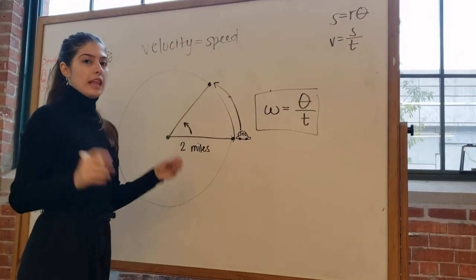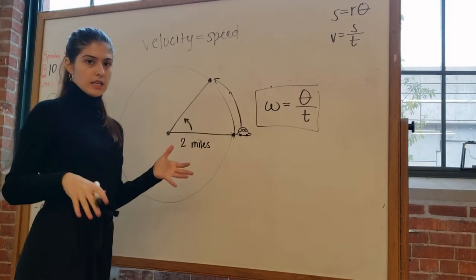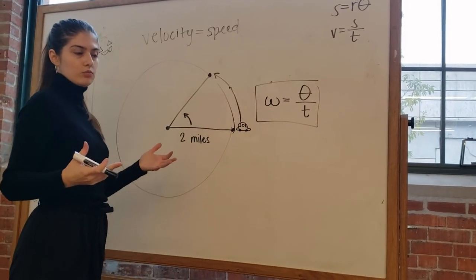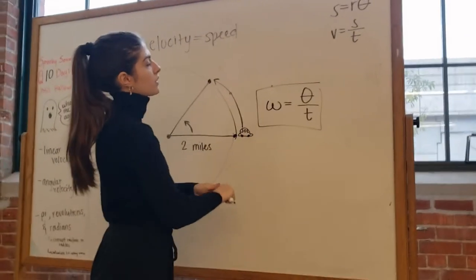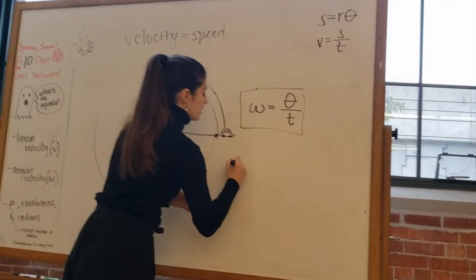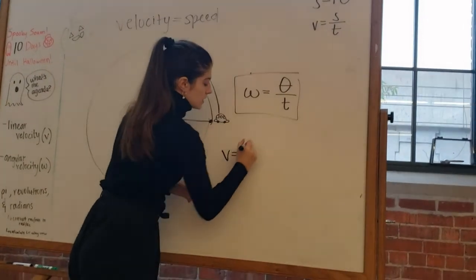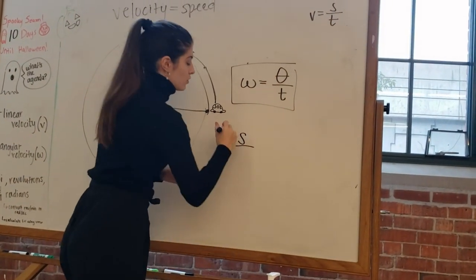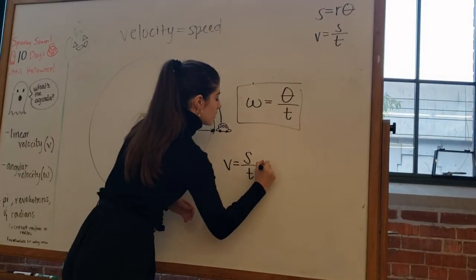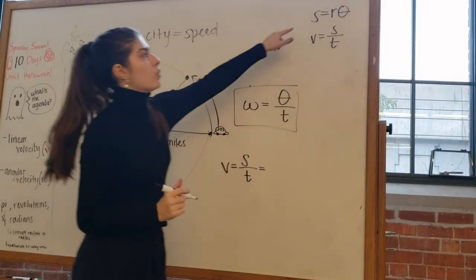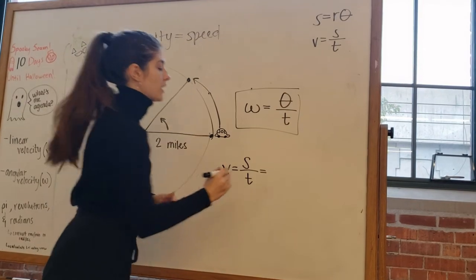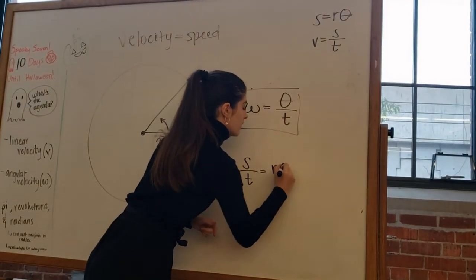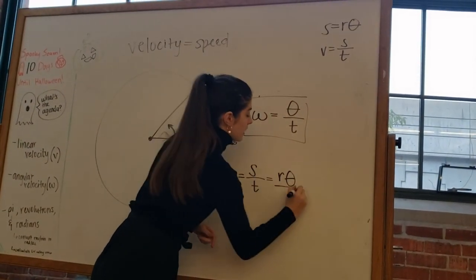Okay? So, how do we then relate angular velocity to linear velocity? All right? This is how. So, remember up here that our linear velocity is v equals s, our arc length, over time. Well, s, we know, is equal to the radius times theta. So we can just replace this right here. R theta divided by time.